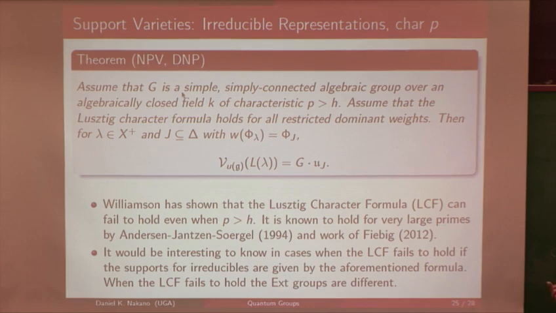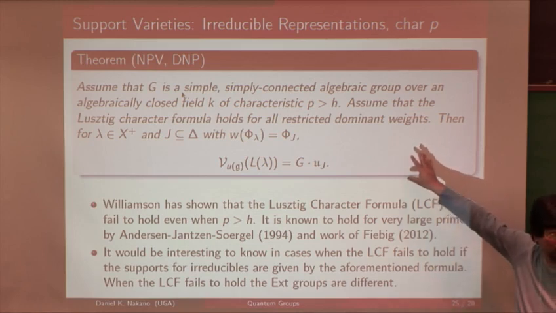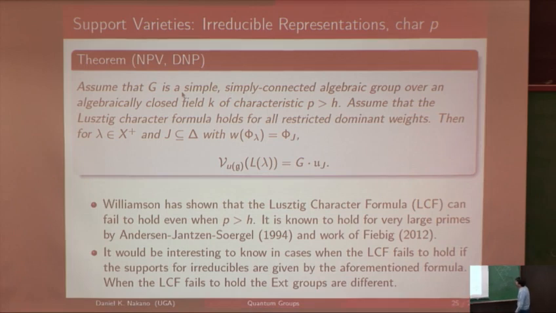So the extensions for these modules have to be different when the Lusztig character formula fails. So the question is, does that manifest itself in calculations like these? One thing to do is look around the Steinberg weight, which is what Williamson did, and calculate support varieties in that region.